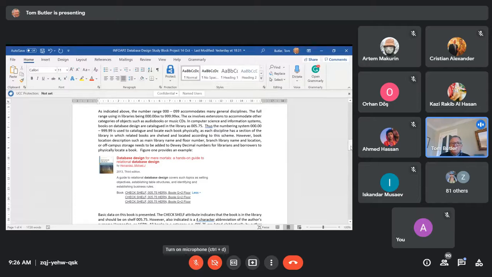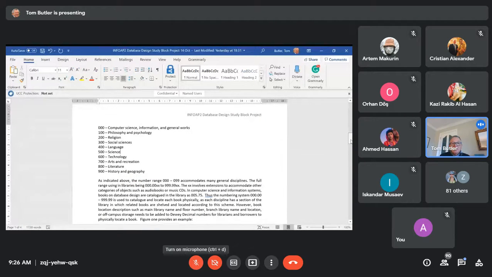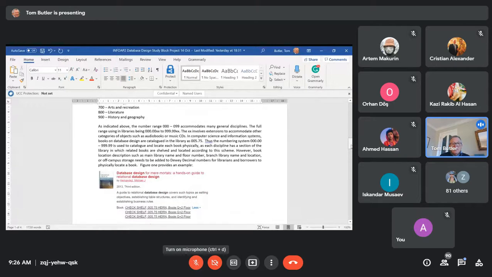Going back up to the Dewey Decimal System, it's in computer science and information and general works, so that's the 00 category. And database design, anything to do with databases, is in category 5.75, so that's grand.